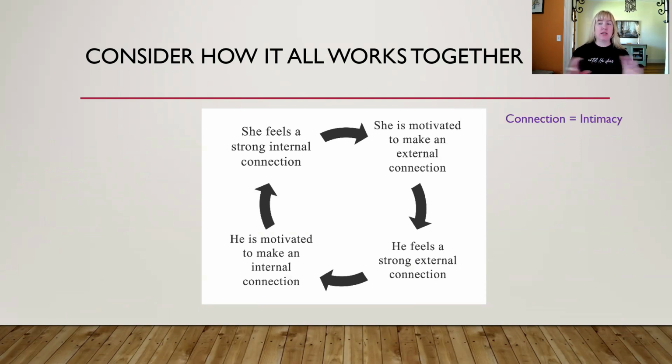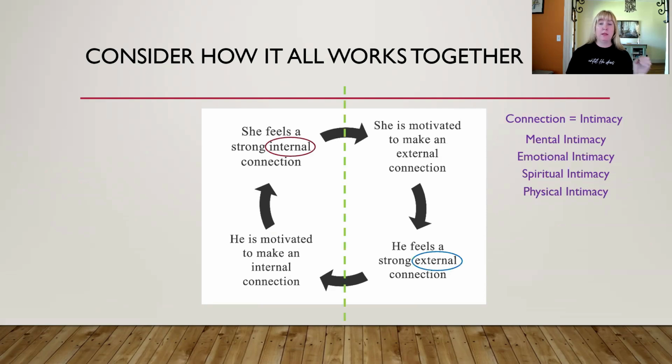And so if we take all of this together, right, and going back to the idea of intimacy is connection. Okay. So when we're talking about having intimacy, having connection, okay, we want to be connected on all four levels. And this is, again, something I covered in the love and communication lesson. There's mental intimacy, emotional intimacy, spiritual intimacy, and physical intimacy.